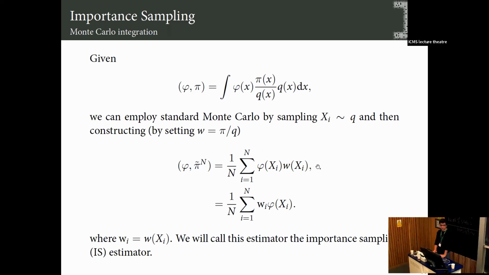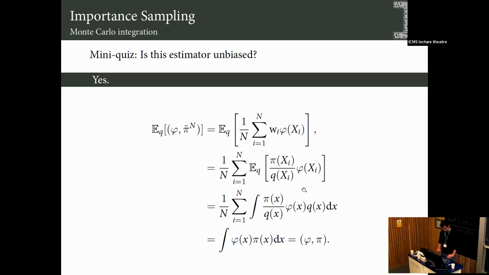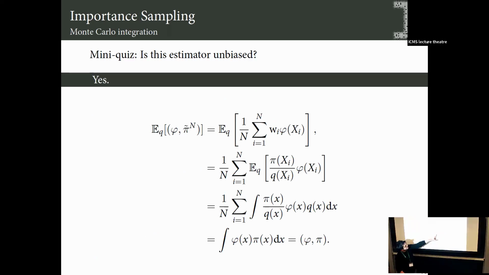The q's cancel, obviously. And then you end up with phi times pi, right? I wanted you to imagine first before I show you. So you take your expectation inside, these q's cancel, and you get back your phi times pi integrated against pi. So this is nice, right? So this is an unbiased estimator.